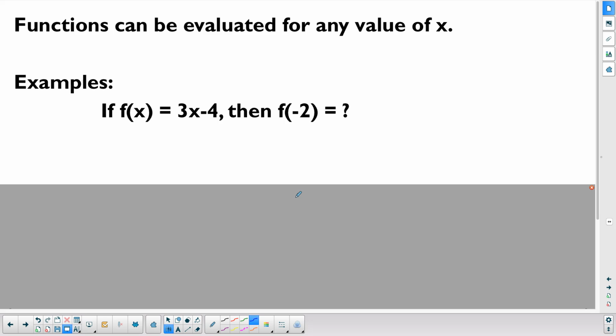What you're going to do is replace x with negative 2. As you can see here, I replaced x with negative 2. So on the other side of the equation, I am going to replace x with negative 2.